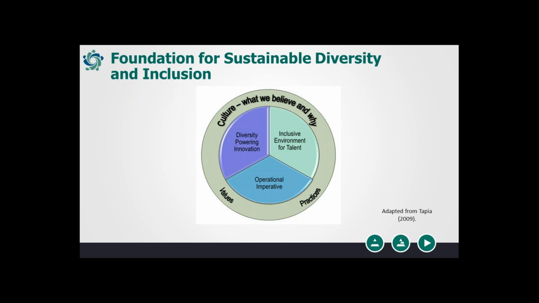We have values and practices on the side, the core values and practices that contribute to inclusive diversity, a term I often use. In the middle, for any of you who have read Tapia's work, you see diversity powering innovation.